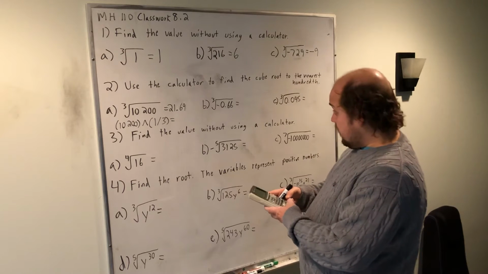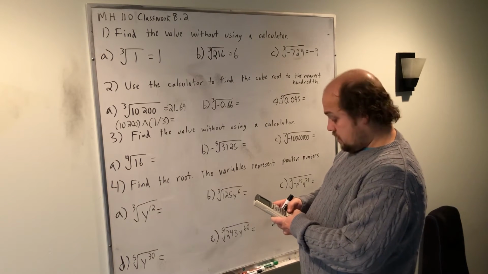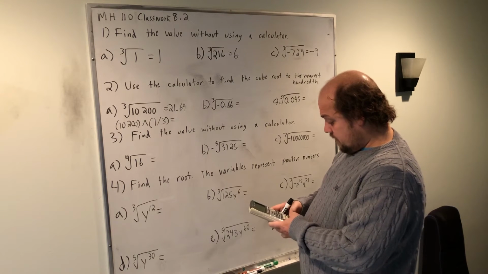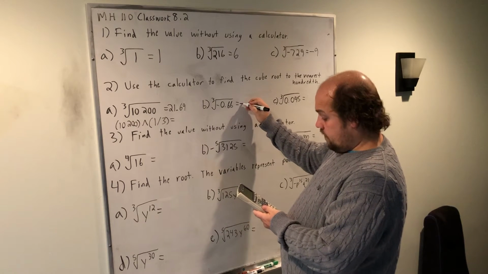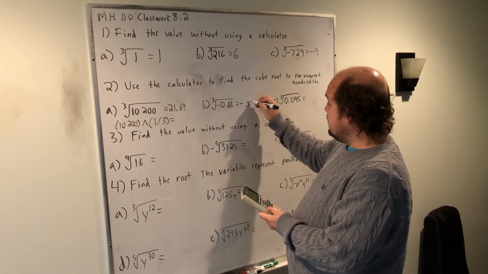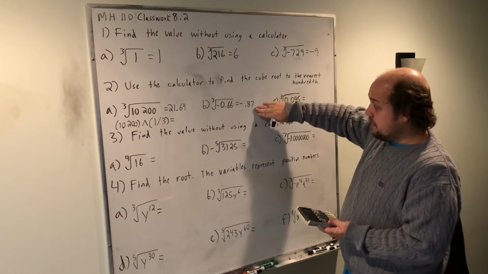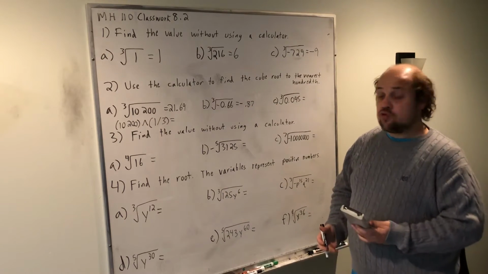When I go for the second problem, it's negative 0.66 and parentheses to the power of parentheses 1 divided by 3 and parentheses. I get an answer of negative 0.870. Since that third decimal place is something 4 or less, I can just drop it. This is the correct answer rounded to the nearest hundredth.